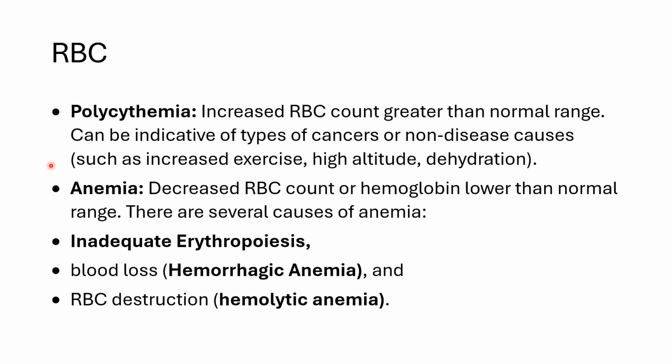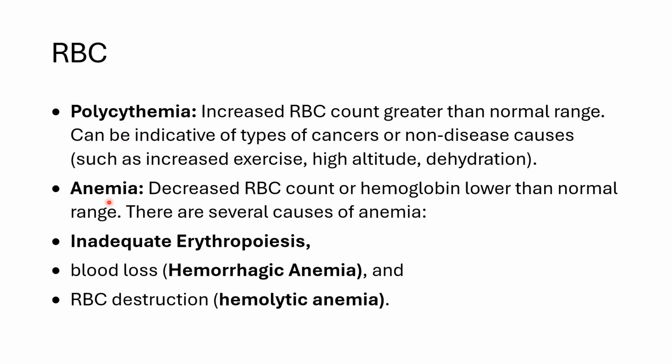So to compensate for that, in the long term, the body starts making more RBCs so oxygen can be delivered to all cells of the body. So these people also get polycythemia. Then what happens in dehydration? In dehydration, the fluid, aqueous portion of the blood is low. As a result, the cells are concentrated. So that is also known as polycythemia.